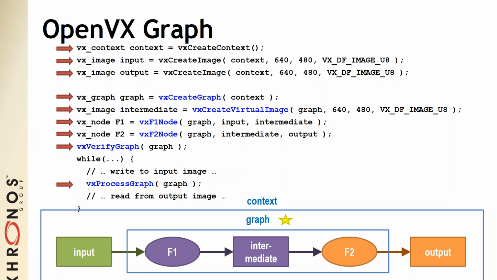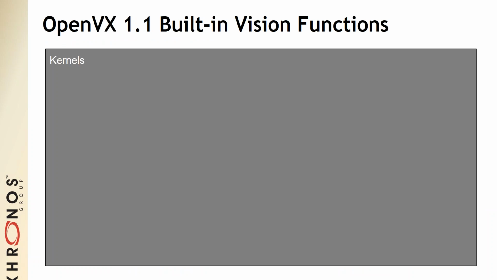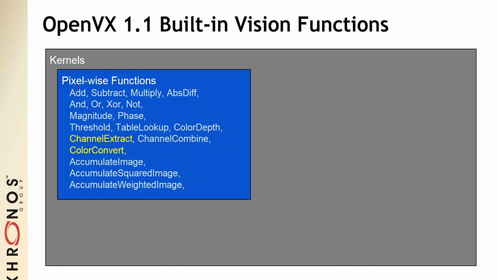Now that you've seen how to create and build a graph, let's look at the various vision functions that are available, and APIs for accessing data objects for reading and writing, and so on. There are 44 built-in functions in OpenVX 1.1, as I mentioned earlier. It has a bunch of image pixel-wise functions here.